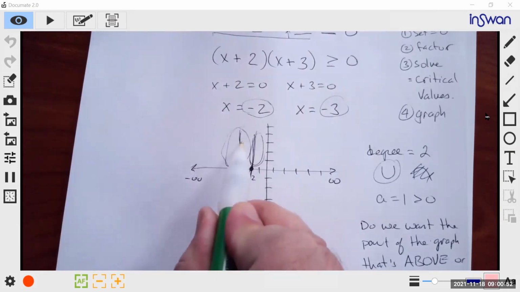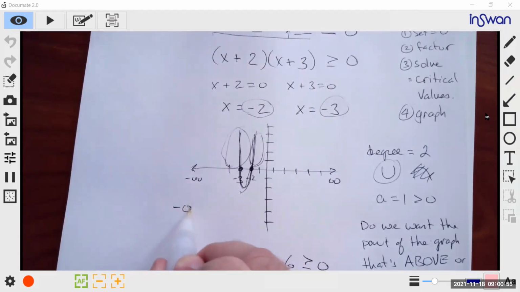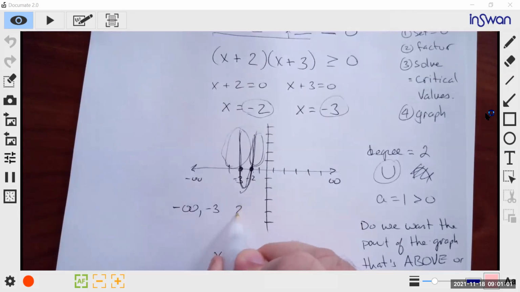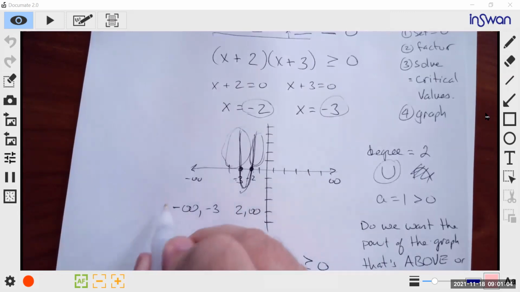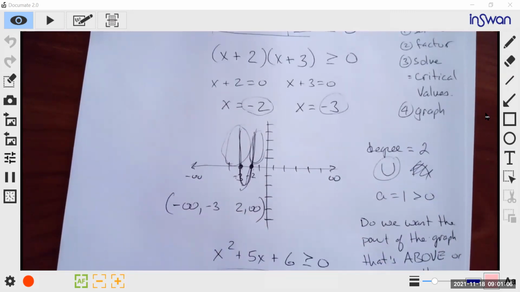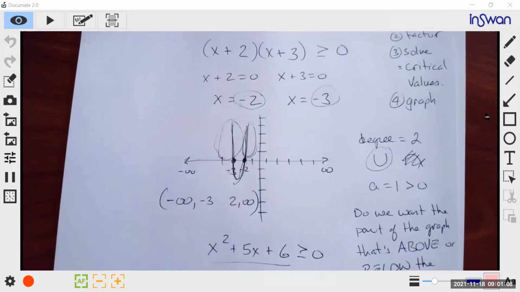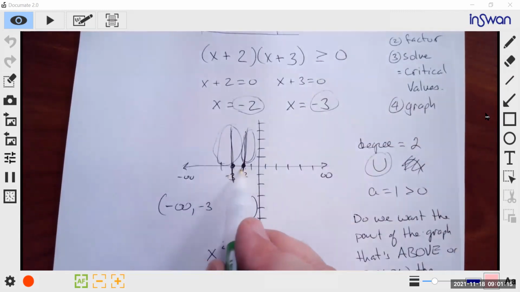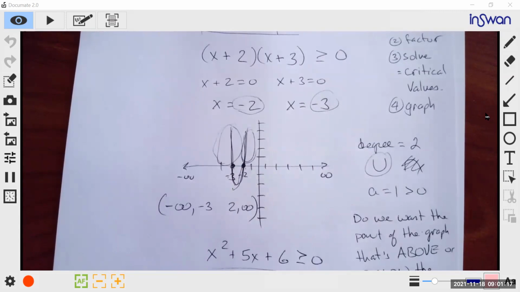Well, the part of the graph that's above it is from negative infinity to negative 3, and then from 2 to positive infinity. The question here, do we include the dots or not? Is it a parenthesis or a bracket here at negative 3 and 2?